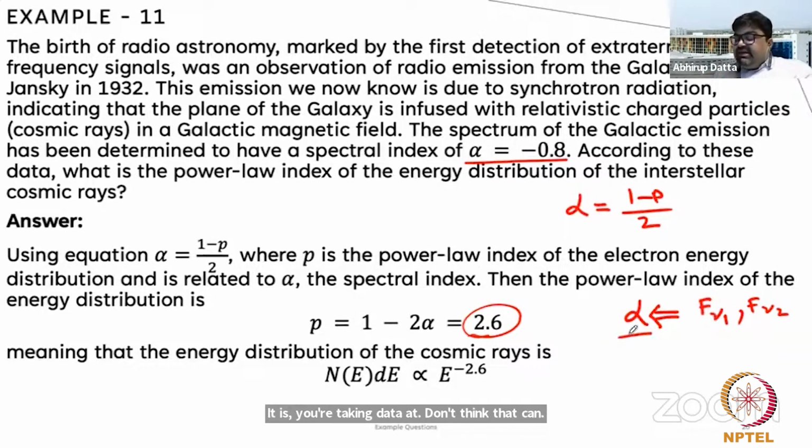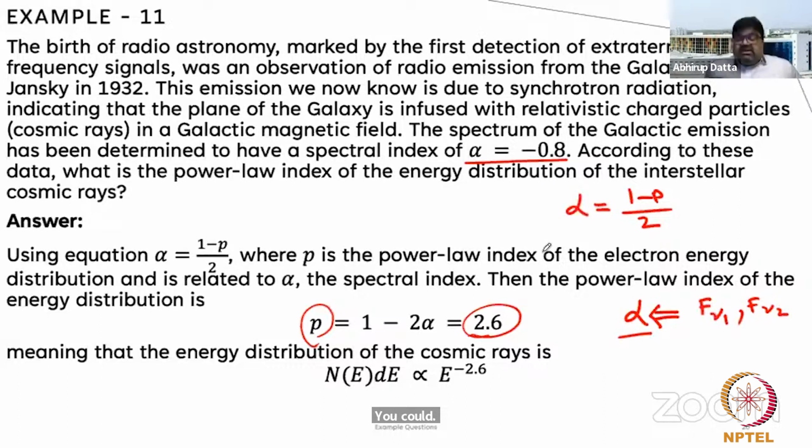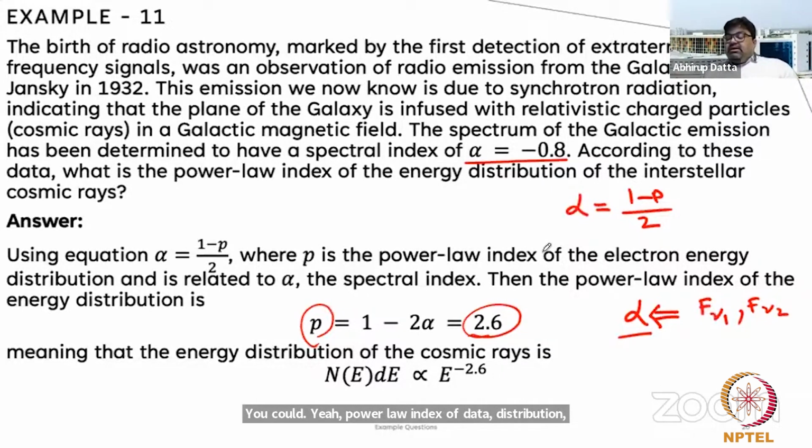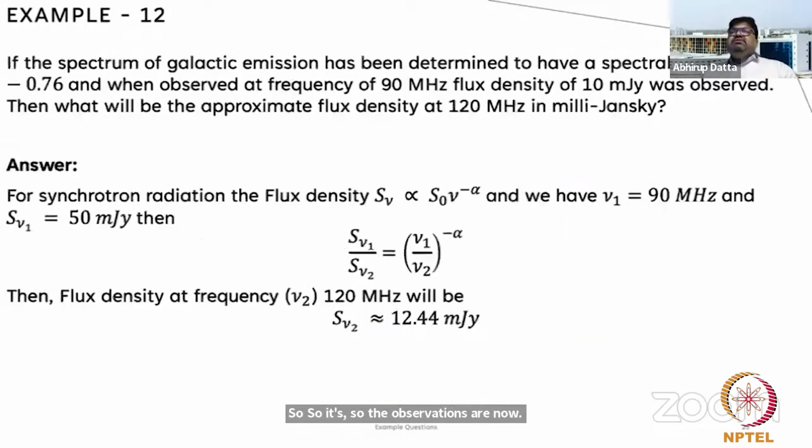And knowing the spectral index, by using some basic physics relationships, you can compute the power law index of the electron energy distribution, which is directly linked to the physics of it. So the observations are now linked to getting some science. So if you know how difficult the observations are, you slowly keep going towards getting physics and science in terms of the observations.